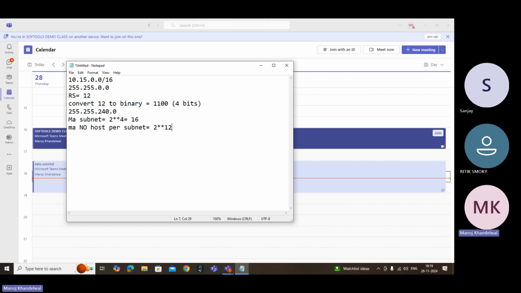How did I get this 12? Because of the remaining zeros, 16 minus 4, they are especially for hosts.